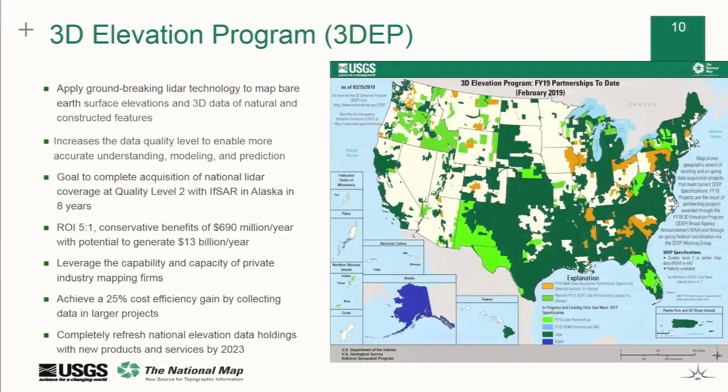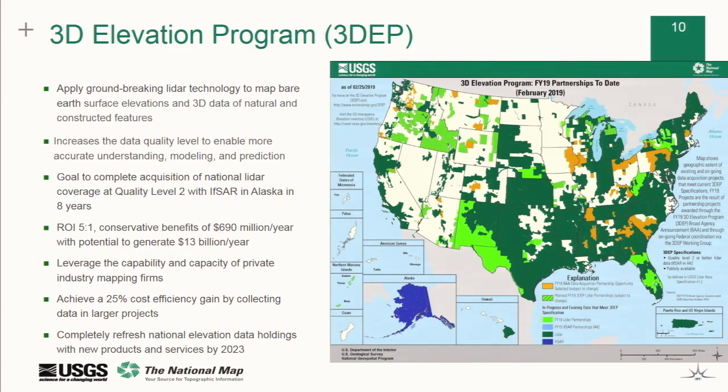The goal is to have national LiDAR coverage at QL2, a lot of North Carolina is at QL1, every 8 years. We're not going to make that, but it's a big country. And also IFSAR for Alaska, even though much of Alaska has also been collected with LiDAR data as well.